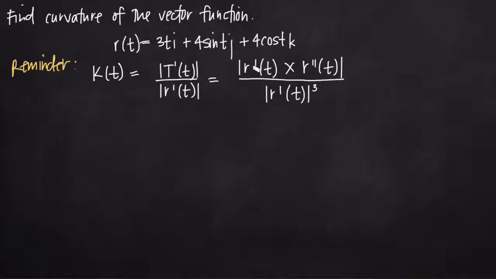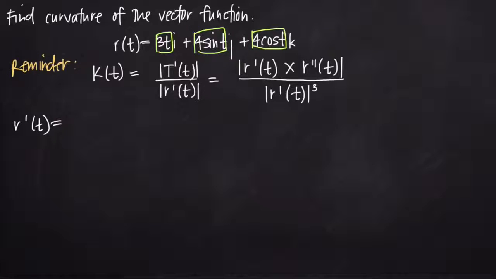The first thing we're going to do is find the derivative of r of t, r prime of t. When we take the derivative, we're just taking the derivative of our coefficients. The coefficients on our i, j, and k components are 3t, 4 sine of t, and 4 cosine of t.